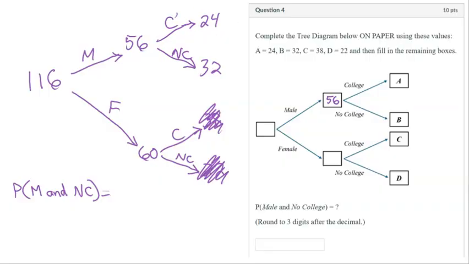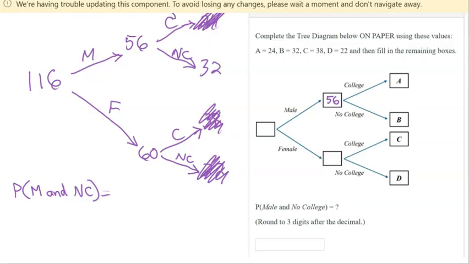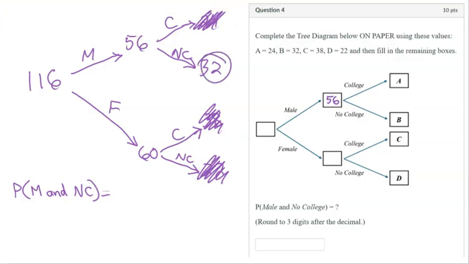This 24 is college, so we don't want that either, even though it's male. This number is male and college, not no college. But this 32, it's no college and it's also male. It comes from the male branch and the no college branch, so that's what we want. We want male branch and no college branch, and it has to be both of them. And this is the only one that's both of them.